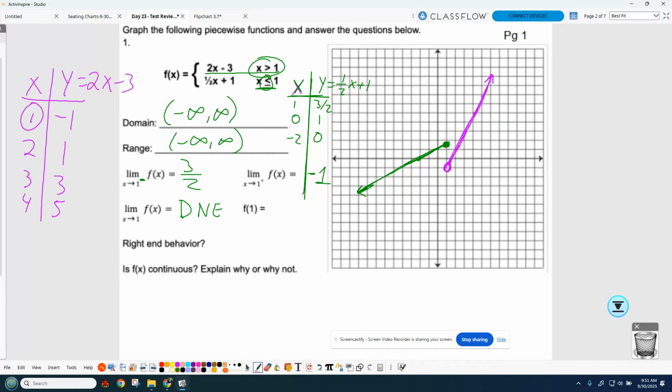This is the one that says equals, so when x is equal to 1, what is the y value? Plug in 1 for x. So you want me to do 1/2 times 1 plus 1? Isn't it just 1.5? Yeah.